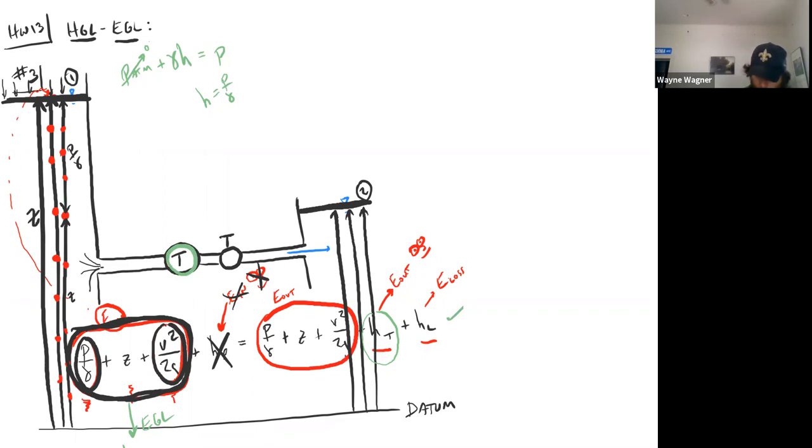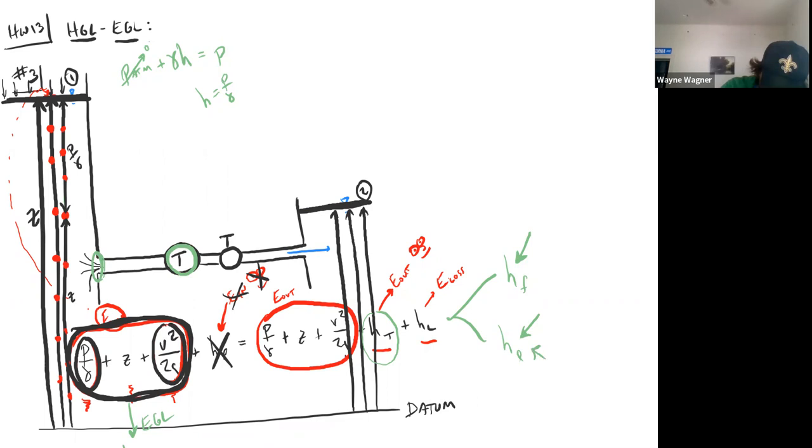Now, head loss can always be split into 2 bits. We get head loss due to friction, and we get head loss due to the minor losses. This one is due to the friction on the side of the pipes, and this is due to what we call the minor losses. So that's anytime anything disrupts the flow. Okay, and so we're going to lose energy right here. Okay, that's going to be a minor loss.